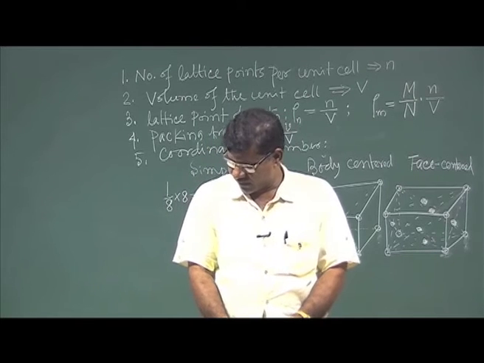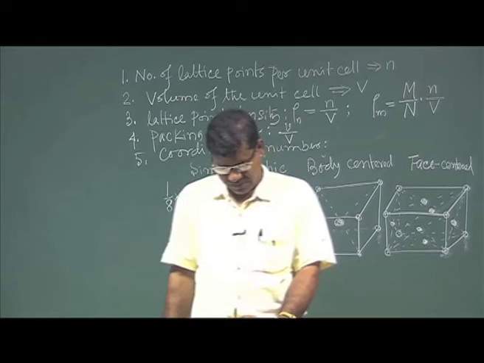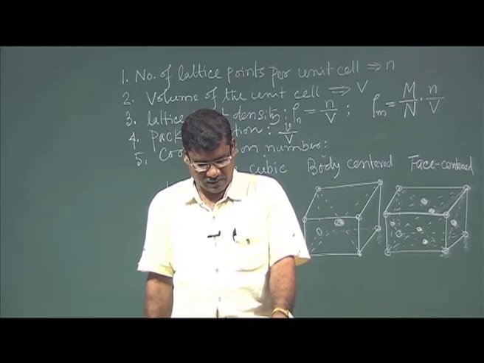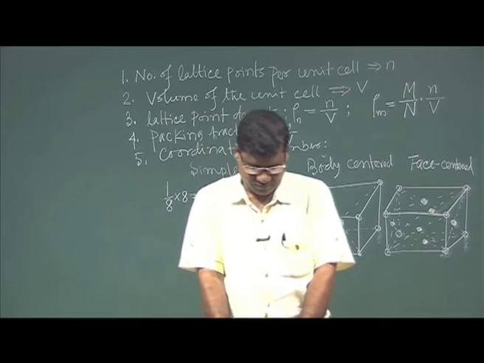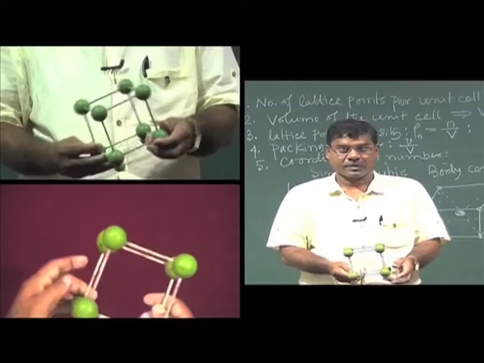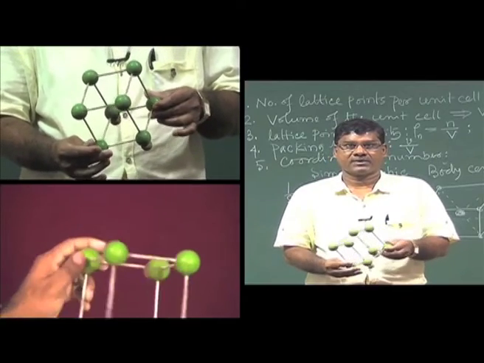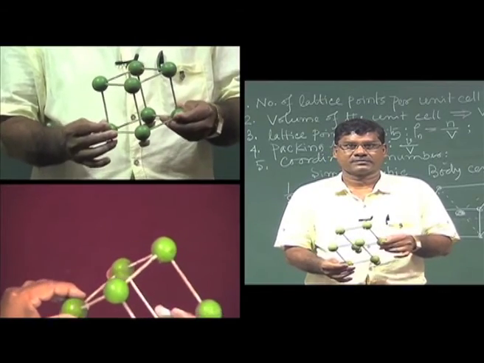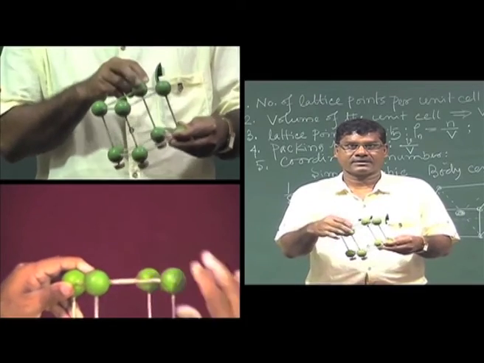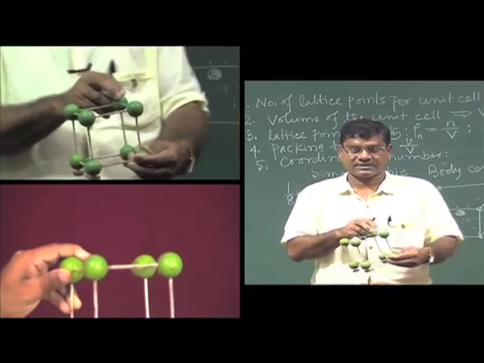So we have a model for a simple cubic crystal. This is a simple cubic crystal. So, 8 corners, 8 lattice points.